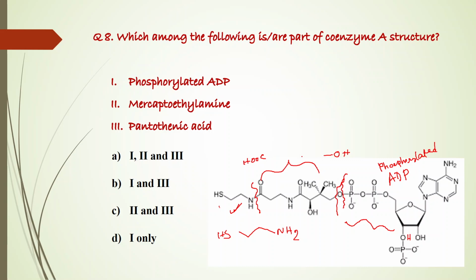So after doing that, the structure you will be getting is the structure for pantothenic acid. So this is your pantothenic acid, and this is your mercaptoethylamine. So yes, all of the three that were given in the options are the part of coenzyme A structure. So the correct option for this should be option number A.